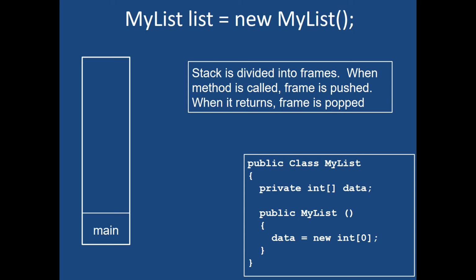Let's say we have a main method, and it calls f. We have the main method. That'll contain all the local variables main needs. If main calls f, then a new frame is pushed onto the stack to keep track of the variables for f. Now when f returns, it disappears from the stack. Now maybe main calls f again, and f calls g, and g calls h.